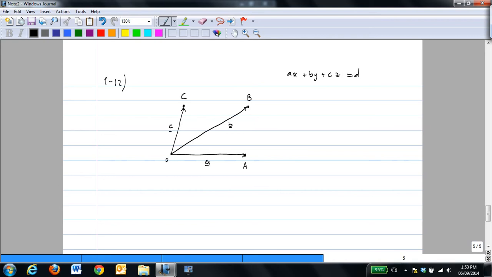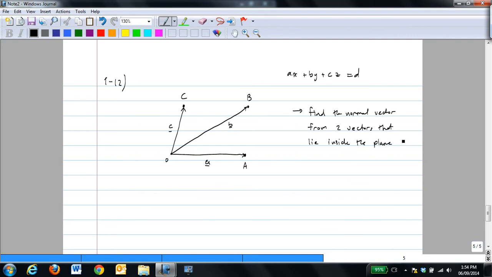So the first step is to find the normal vector from 2 parallel vectors, or 2 vectors that lie inside the plane.